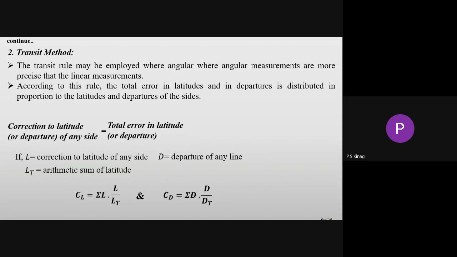Similarly, the last is the transit method. In this method, the correction is applied directly to the angular measurements, because here they consider that high precision is required in the angular measurements. Here they apply the correction directly to the angular measurements.